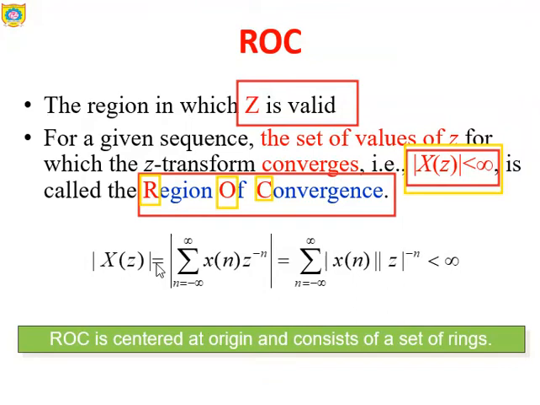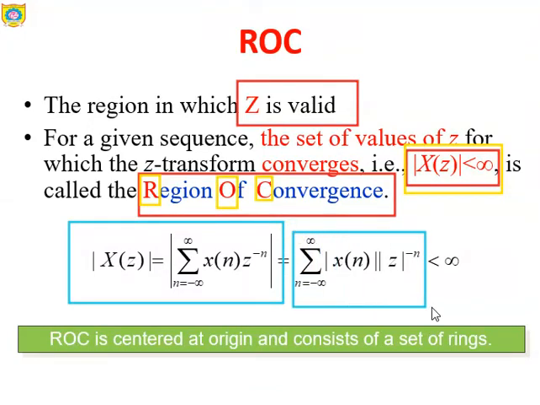If we want to check whether it is valid, let's put the mod on both sides. This condition will tell us that mod of x of n, after splitting it, and mod of z, just put the values and it should be less than infinity. That is the necessary condition for getting the ROC.